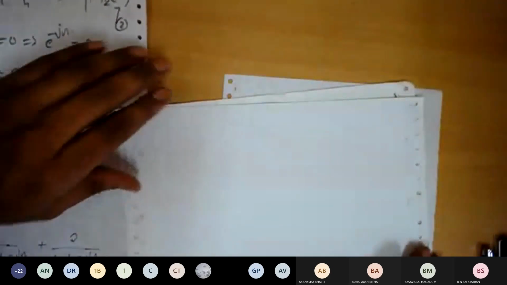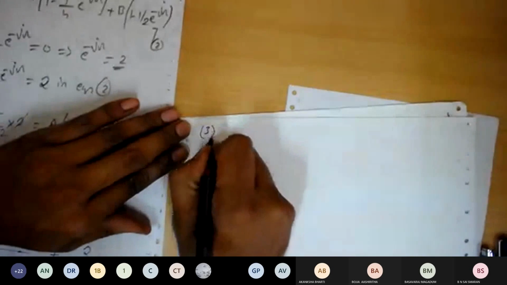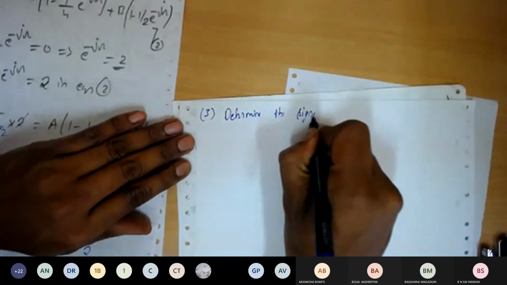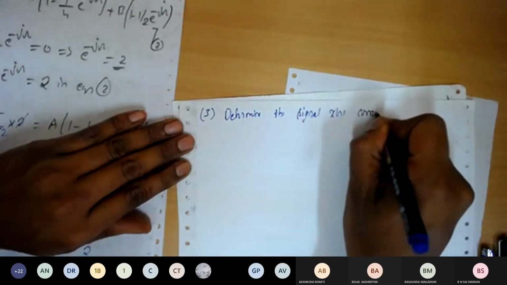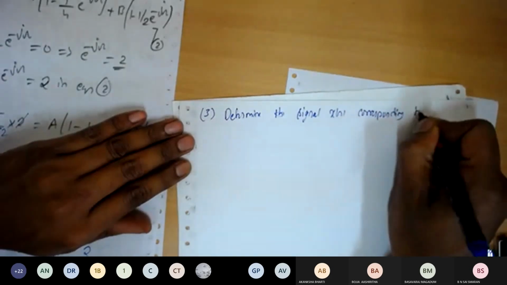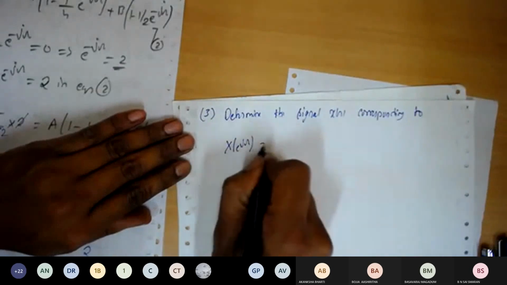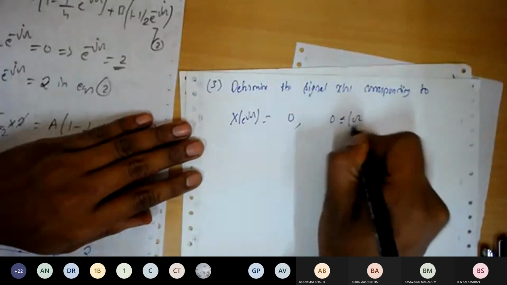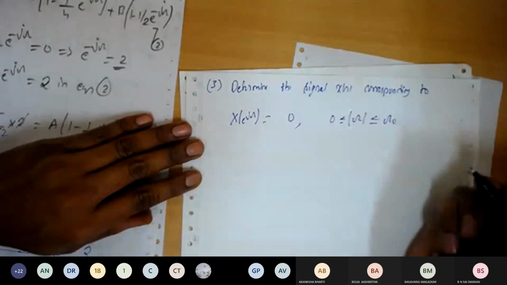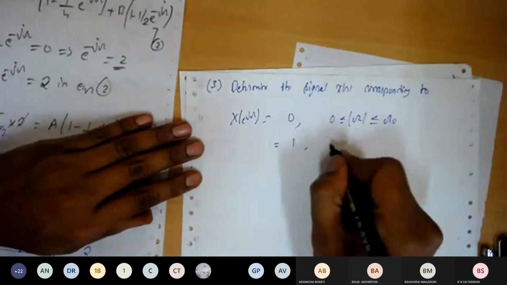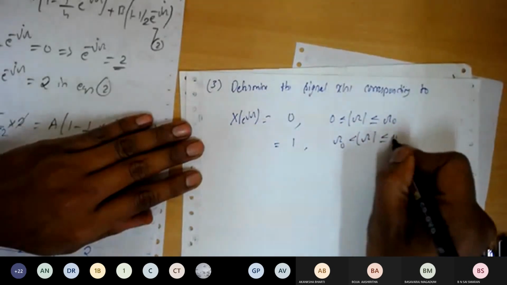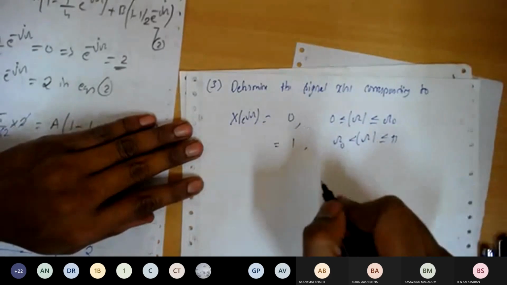Determine the signal x of n corresponding to X of e to the power of j omega, which is equal to 0 for 0 less than or equal to magnitude of omega less than or equal to omega naught, and equal to 1 for omega naught less than magnitude of omega less than or equal to pi.